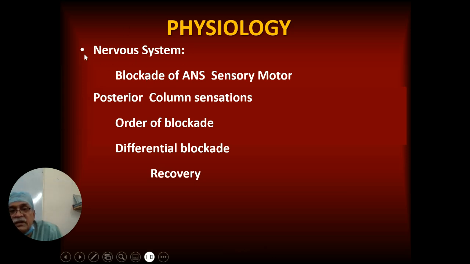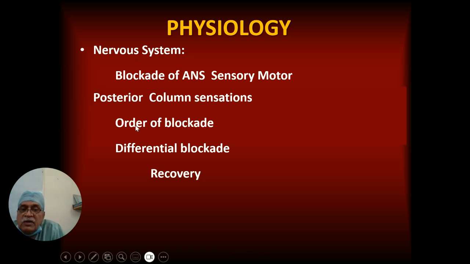Physiology of spinal anesthesia, nervous system. It affects all motor, sensory and autonomic fibers. The autonomic fibers must be blocked. Posterior column sensations usually will remain.